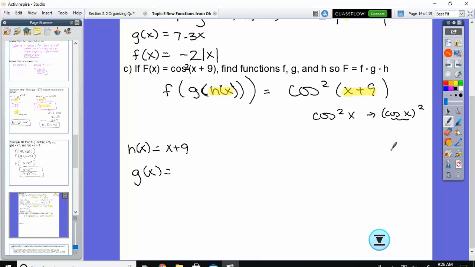So the next thing you would do is the cosine of x. If I replace that with just an x, I'm left with x squared for my f of x. Okay, so it's just working backwards, taking those things back apart.